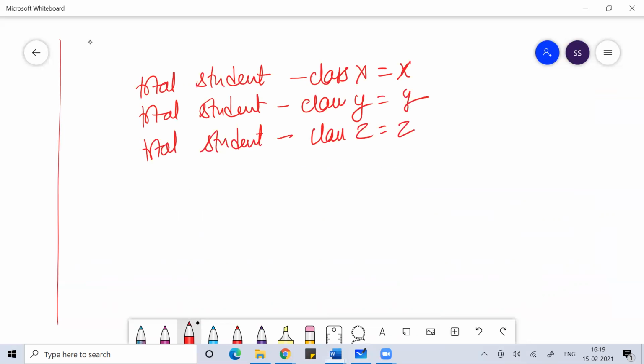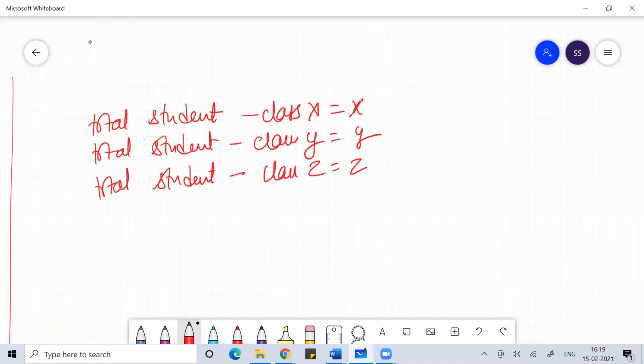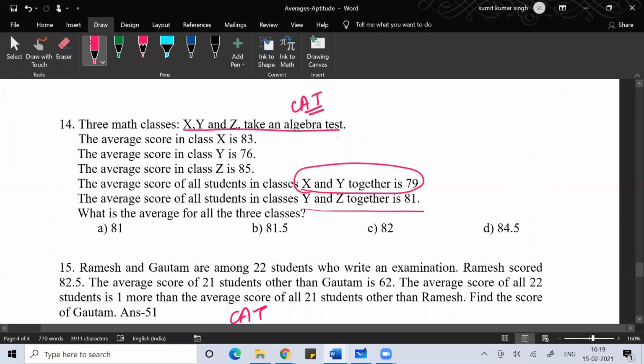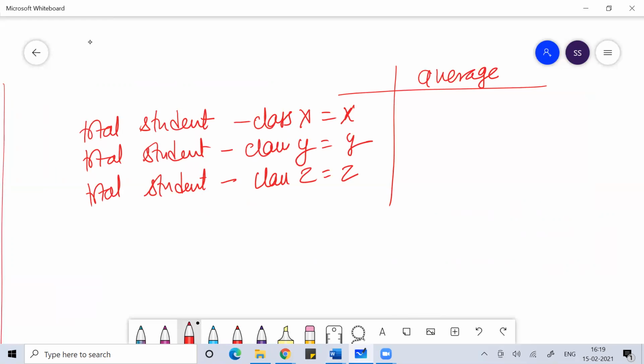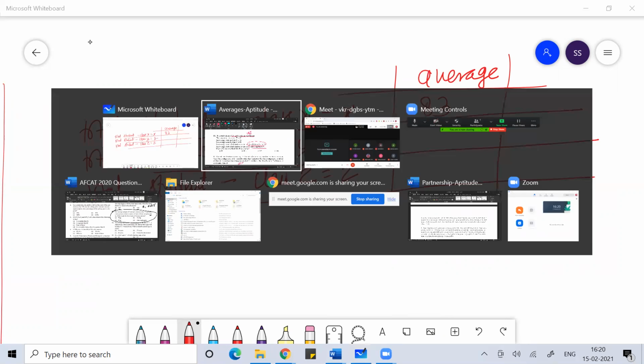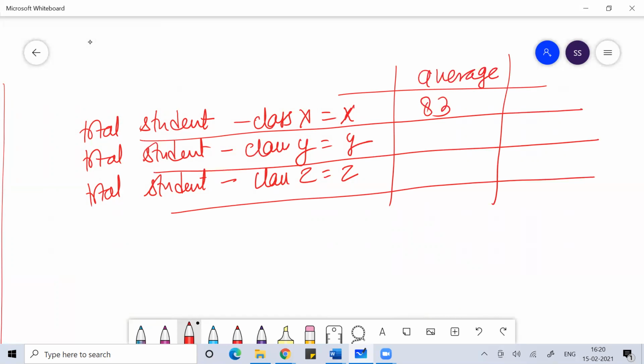So their averages: the average of class X is 83, class Y is 76, and class Z is 85.